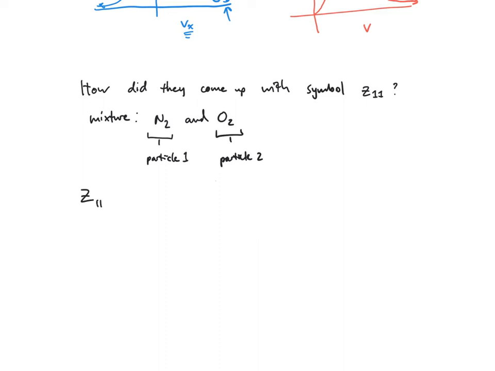So Z11 implies that it's N2 colliding with another N2. If we had said Z12, then that would be N2 colliding with O2. And so that's what those little indices mean down there.